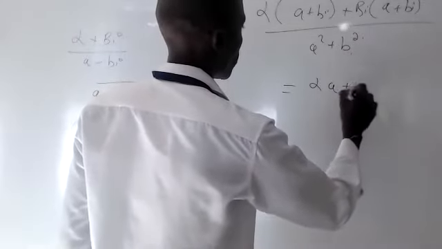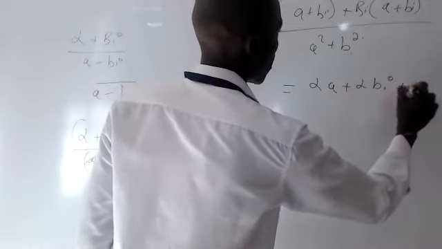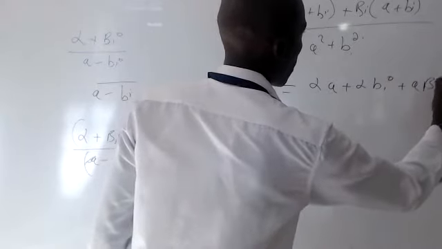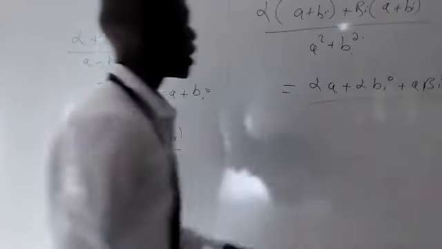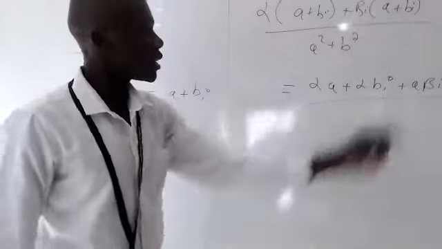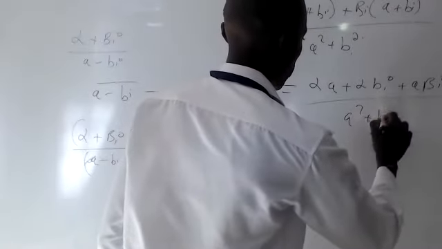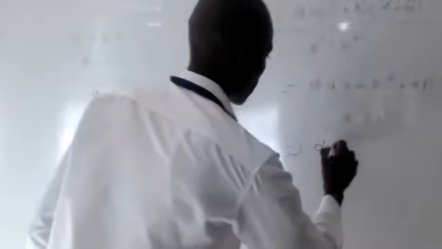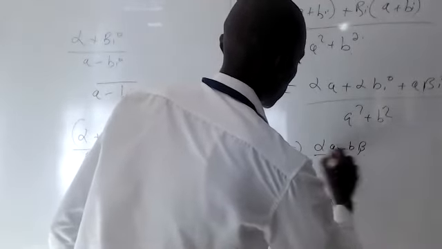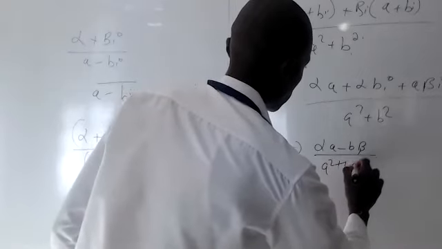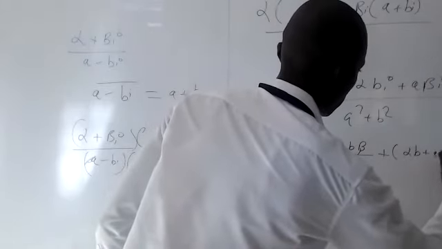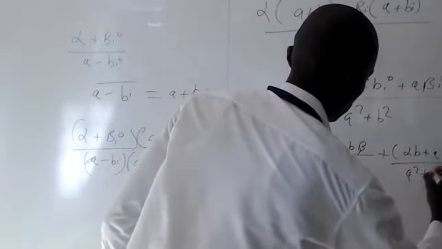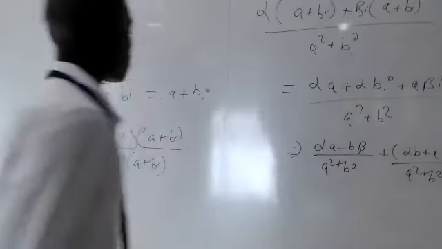Here we have alpha A plus alpha BI plus A beta I, then minus B times beta, minus because I times I is negative. Divide this by A squared plus B squared. And we finally have alpha A minus B beta, all divided by A squared plus B squared, plus alpha B plus A beta, all divided by A squared plus B squared, times I.